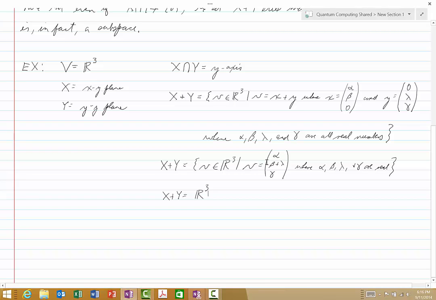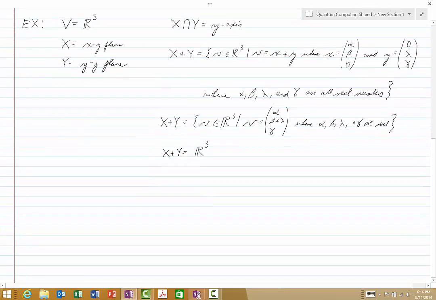And so the set of all vectors that could have an arbitrary real number in the x component, an arbitrary real number in the y component, and an arbitrary real number in the z component, well, that's just all of R3. So X plus Y is equal to R3 in this case. But once again, we don't call this a direct sum of X and Y. It's just a sum of X and Y. Why? Because the intersection of X and Y is more than just the zero vector. It consists of the entire y-axis.